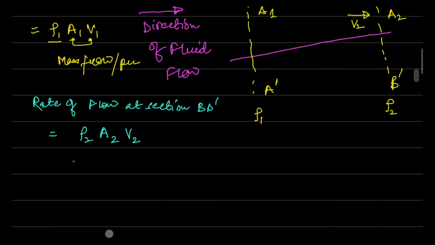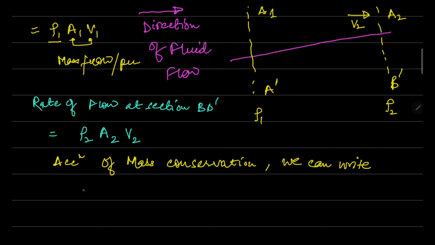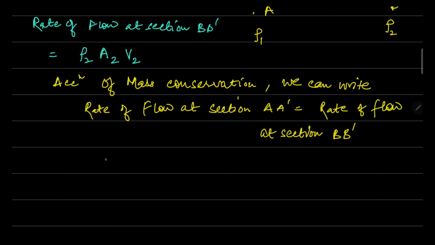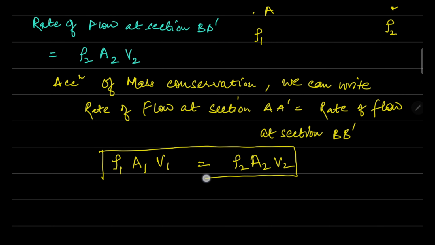So according to the law of conservation of mass, the rate of flow at section AA dash will be the rate of flow at section BB dash. The rate we have at section AA dash, ρ1 multiplied by A1 multiplied by V1, is equal to ρ2 A2 V2. This is the continuity equation.